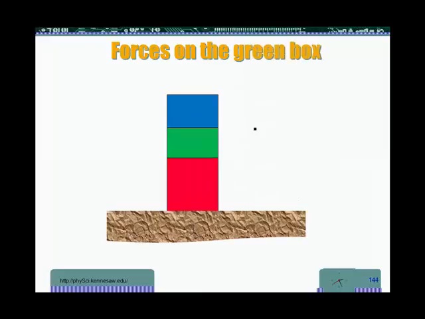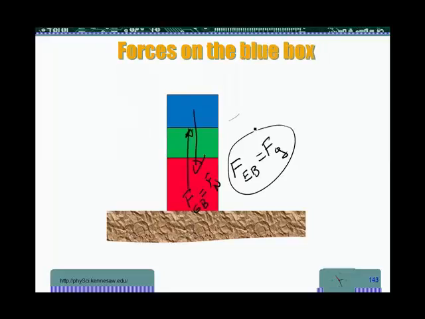Now, what are the forces on the green box? Okay. This is where it's going to start becoming a little more interesting. Okay, what are the objects that exert forces on the green box? Like for the previous case, it's going to have a weight, a gravitational pull due to the Earth.